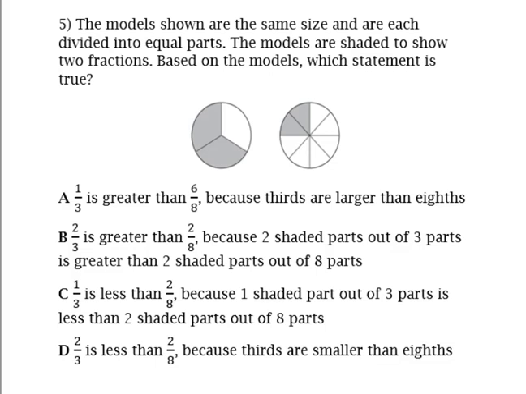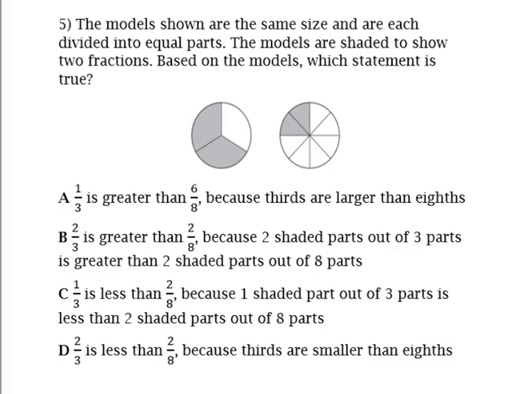Let's look at our answer choices. Let's see the problem again. Based on the models, which statement is true? A. 1/3 is greater than 6/8 because thirds are larger than eighths. B. 2/3 is greater than 2/8 because two shaded parts out of 3 parts is greater than 2 shaded parts out of 8 parts.